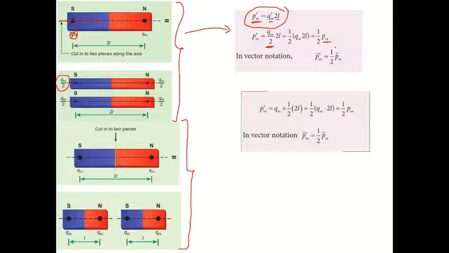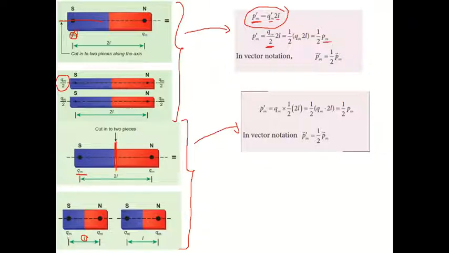Now we will move to case 2. If we cut the magnet into two pieces like this, then the magnetic length becomes half. Initially it is 2L, later it will be L. The magnetic length is half, but the pole strength will not change.